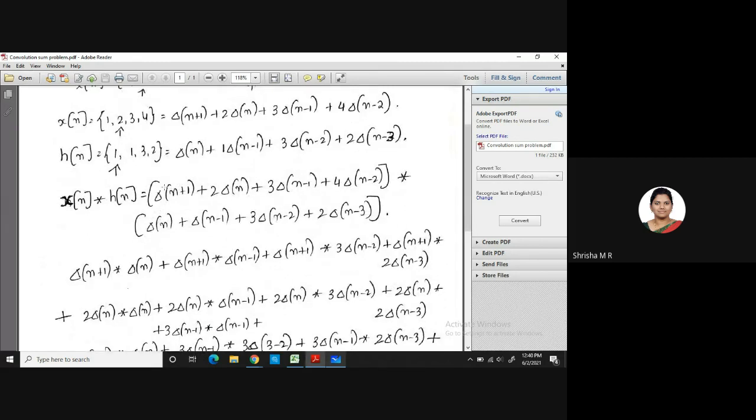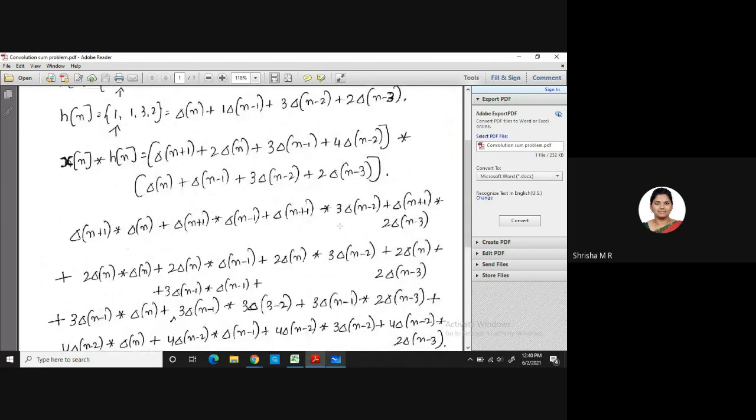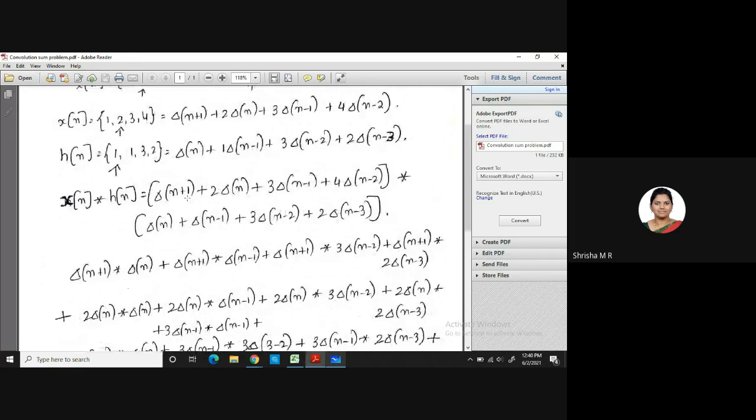This with all these three. Try to multiply these two sequences. Okay, so if you multiply, what do you get? Delta of n plus 1 convolved with delta n, plus delta of n plus 1 convolved with delta of n minus 1, plus delta n plus 1 convolved with 3 times delta n minus 2, plus delta of n plus 1 convolved with 2 times delta n minus 3.